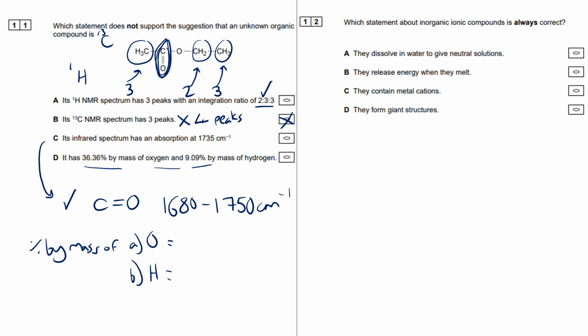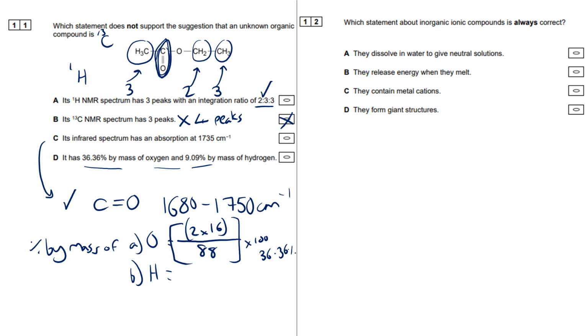So percentage by mass of oxygen, we have 2 oxygens, so 2 times the AR of oxygen divided by the MR of the whole compound. So the MR of the whole compound is 88, and then times your answer by 100. Percentage by mass of oxygen will come out as 36.36%.